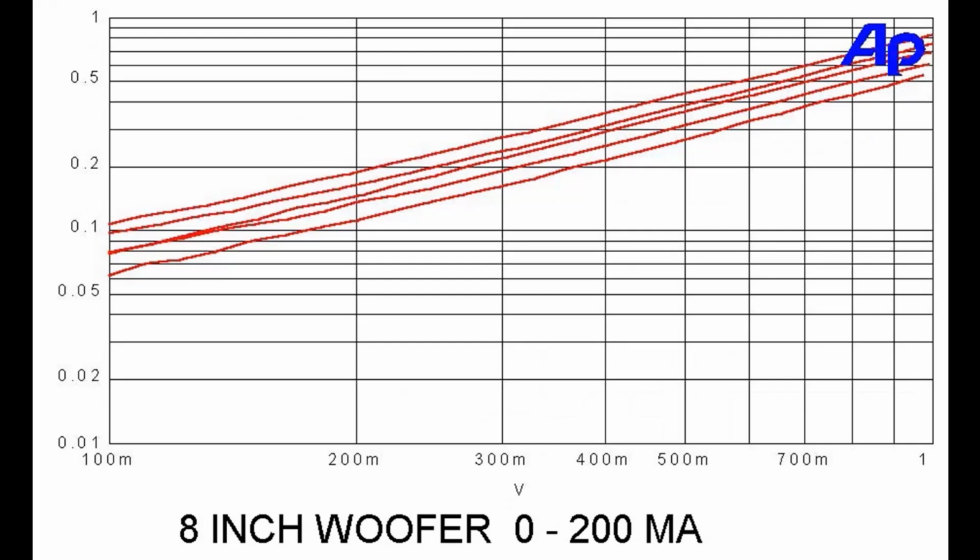And lastly, an El Cheapo 8-inch woofer going 0 to 200 milliamps, again with about half the distortion. Now, maybe these aren't massive results, but in an industry where people celebrate tweaks that are barely measurable, perhaps this deserves some attention.